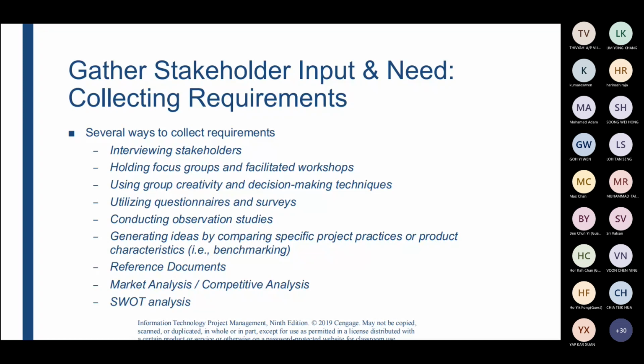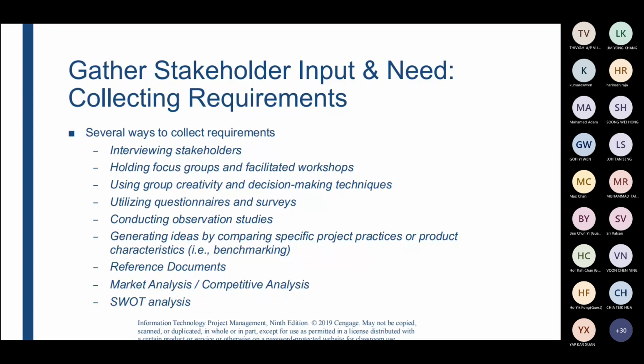Holding focus group, using group creativity and decision-making techniques. Once you have the group, you can get all their feedback and opinions, as well as any information they need in order to make decisions. That will be good for you.